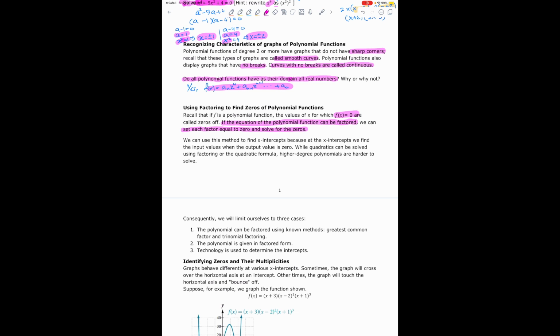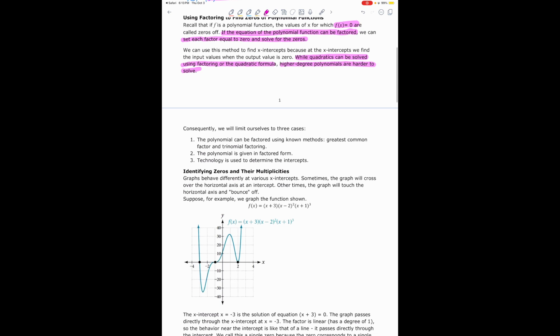We can use this method to find the x-intercepts because at the x-intercepts we find the input when the output value is 0. If the polynomial function is a quadratic function, we can solve it using factoring or the quadratic formula. However, higher degree polynomials are a little bit harder to solve, so we're going to limit ourselves to just three cases.